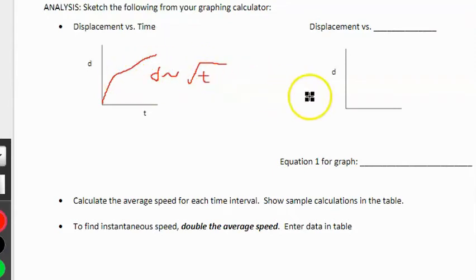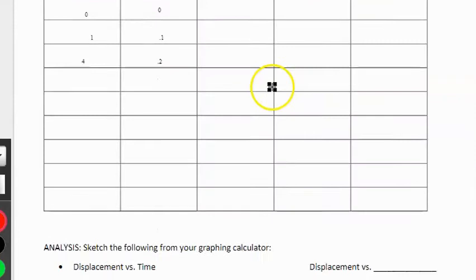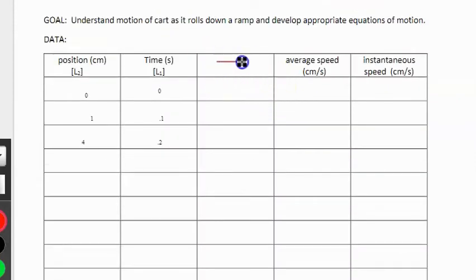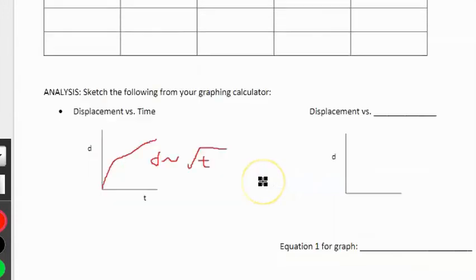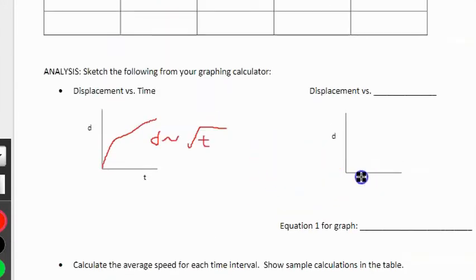Using that, I would then go up to here and put square root of t as my column, and I would take all of these and square root them and fill in this column, so that when I go to graph in my graphing calculator, I would have square root of t here, and that should give me a straight line. And I can now make an equation from that line where I'd say d is equal to some number times the square root of t.